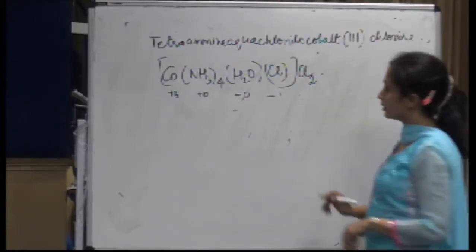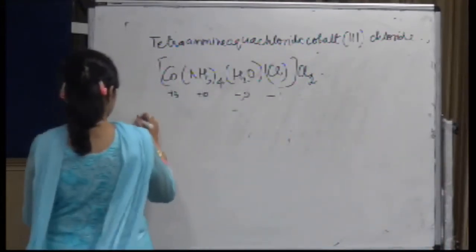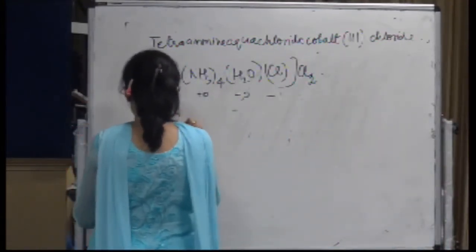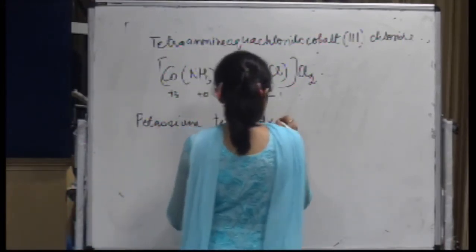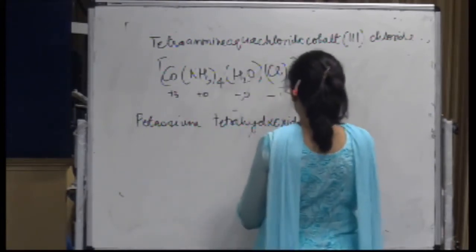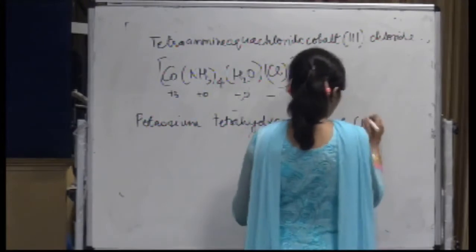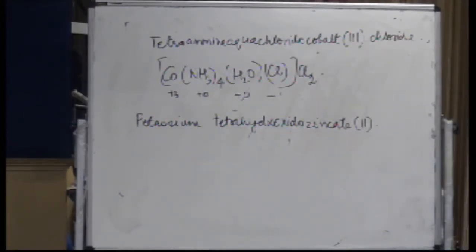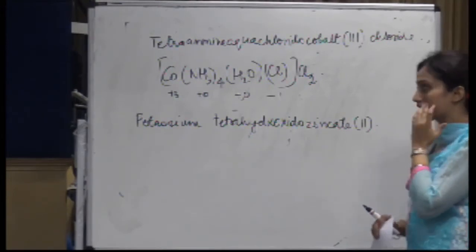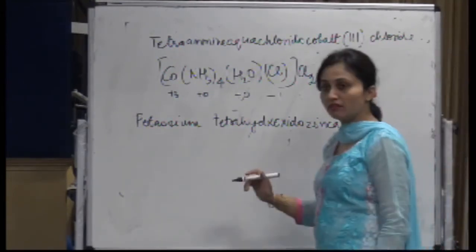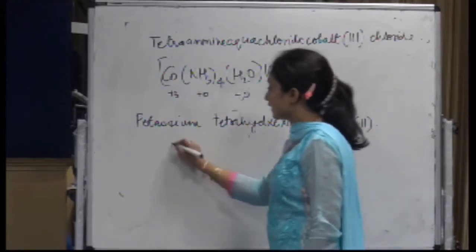Now you try the next one that I put on the board. It's an easy one. Potassium tetrahydroxidozincate(II). Quickly. Potassium tetrahydroxidozincate. What will it be? K first, potassium.